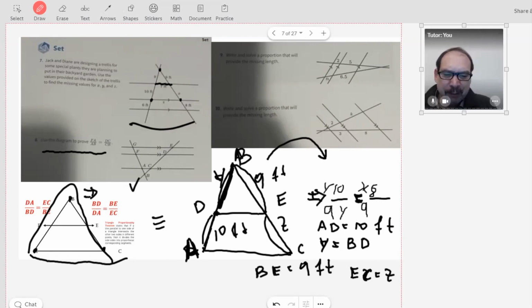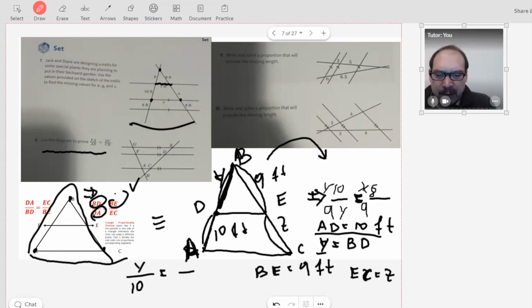So these are symbols. And BD is Y. So we just write the symbol that represents this side over DA, Y over AD, which is 10, equals BE, which is 9, over EC, which is Z.